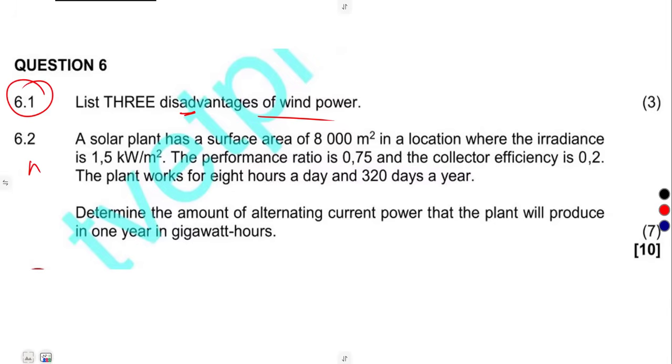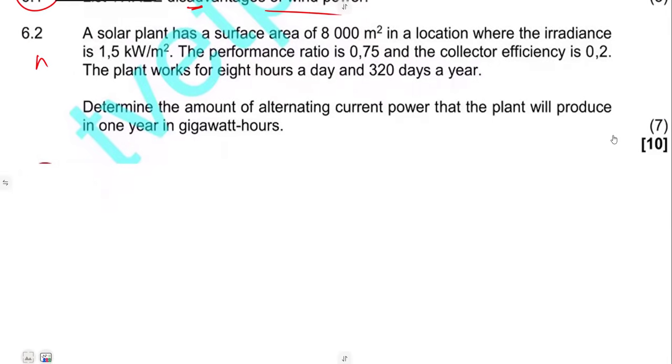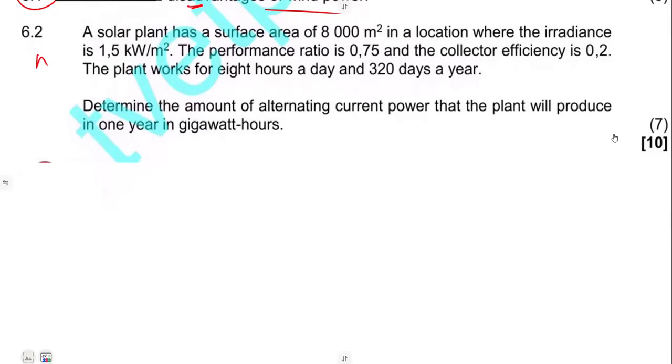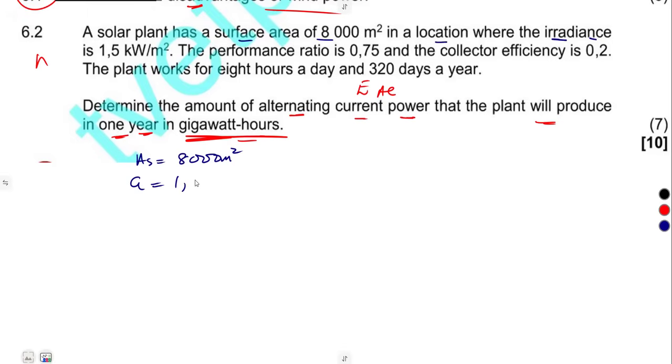And 6.2, there is a solar plant that we are given with this information. We want to determine the amount of alternating current power, that's the AC power, that the plant will produce in 1 year in gigawatt hours, given that this plant has a surface area of 8,000 square meters in a location where the irradiance is 1.5 kilowatt per square meter.